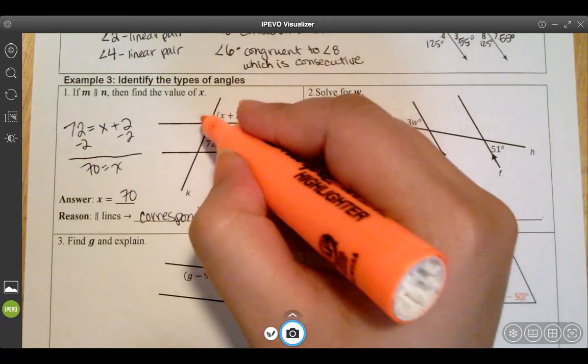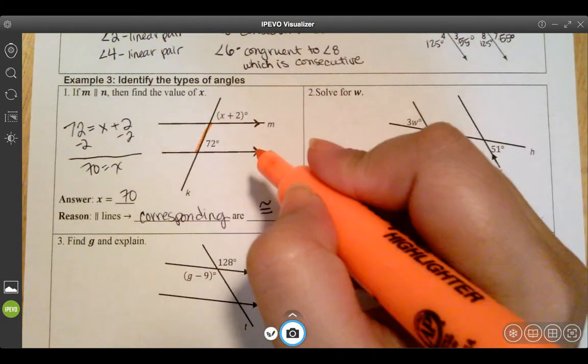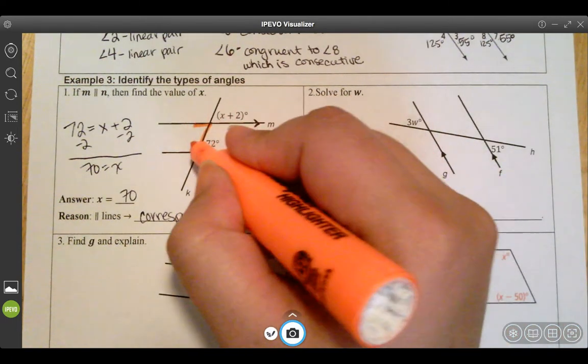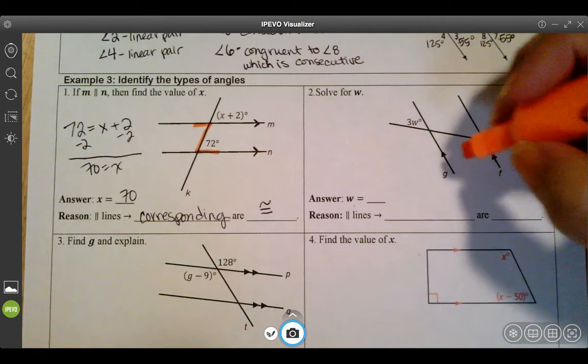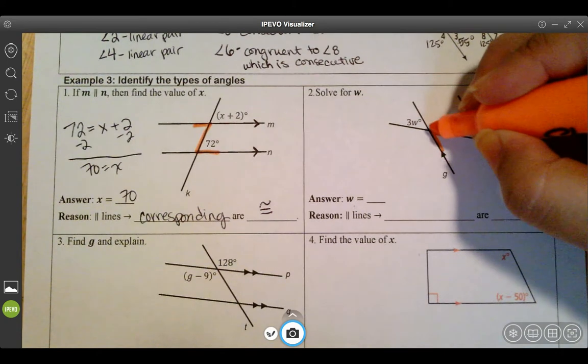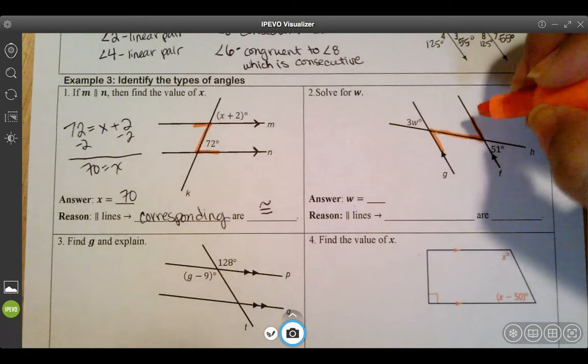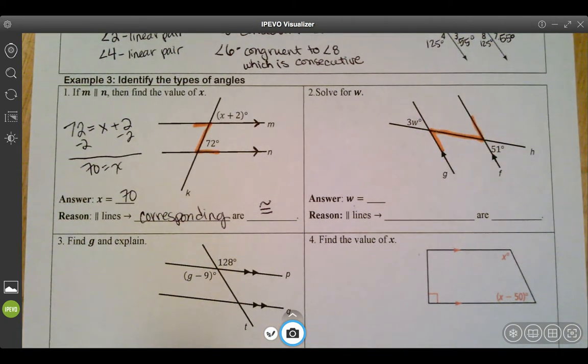Well, remember the transversal is the long part of the Z, and we put the other parts of the Z along the parallel lines. So we're going to do the same thing here. I'm going to say, here are my parallel lines, transversal, parallel lines. Now the purpose of the Z is to help us identify which lines we're looking at. And as we go through the notes, it's going to become clearer why that's important.